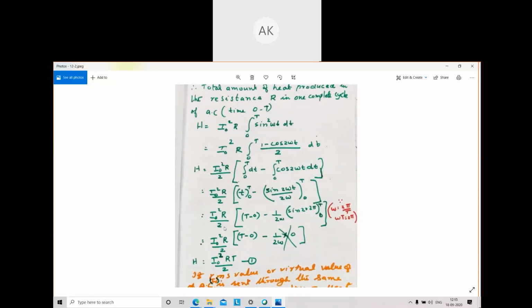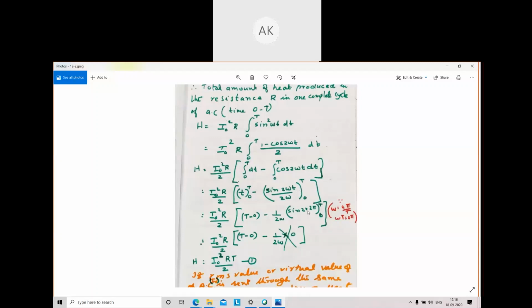Then I0 square R by 2 into upper limit minus lower limit, T minus 0, minus 1 by 2 omega taken outside, then sin 2 omega T. What is omega? Omega is 2 pi by T. What is omega T? By giving the upper limit, capital T, and lower limit 0, omega T equals 2 pi.